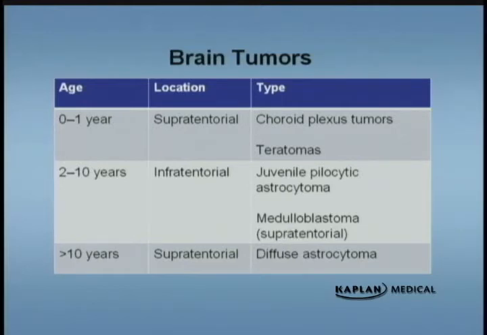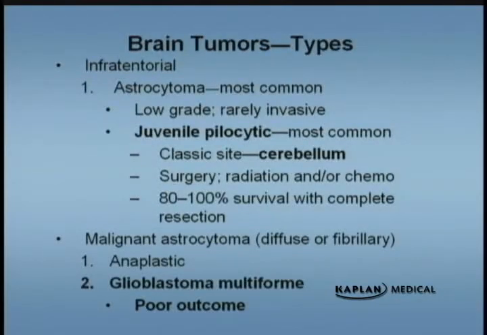Greater than 10 years of age, most brain tumors are going to be supratentorial, and we worry about the astrocytoma. Of all of the brain tumors, actually, the astrocytoma is the most common. We're going to go through various types, remembering that you're going to obtain a CT scan for all of these. The astrocytoma is the most common of the brain tumors, and most of them will be infratentorial.